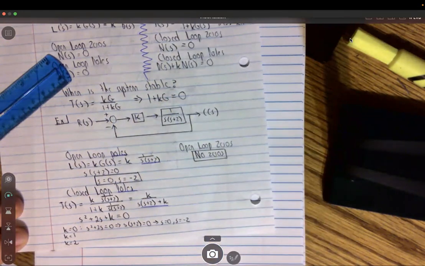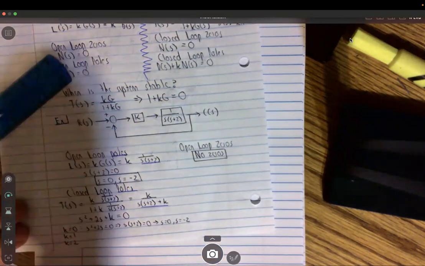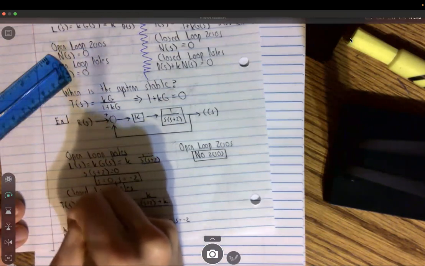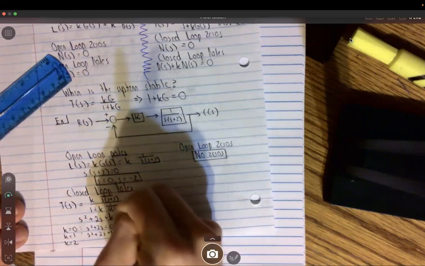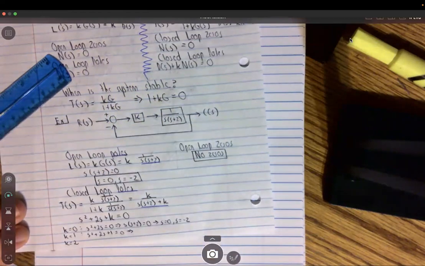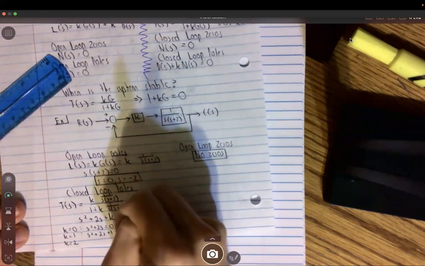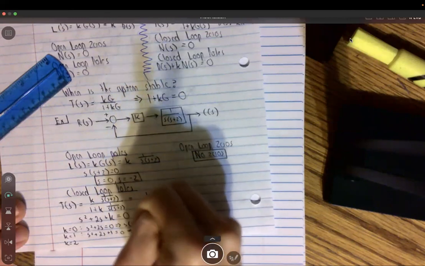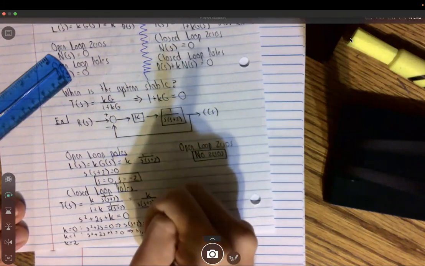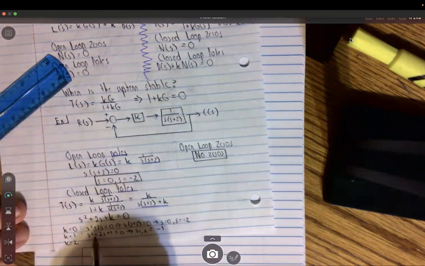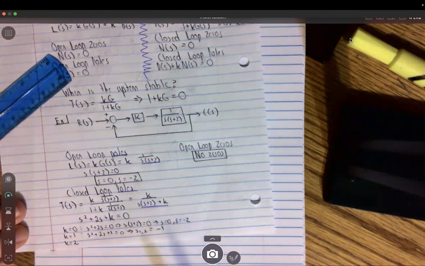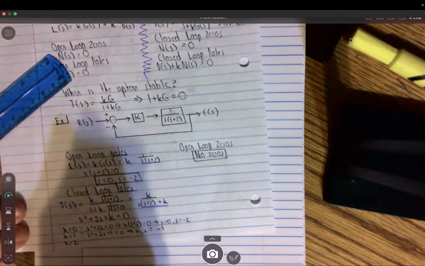Okay, when k equals 1, you're going to get s squared plus 2s plus 1 equal to 0. And so what we're going to notice is there's going to be a double pole at -1, because this is just s plus 1 squared, so each of the poles is at -1. You have 2 poles at -1.